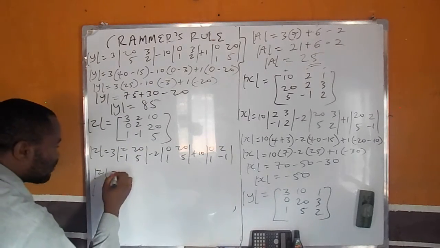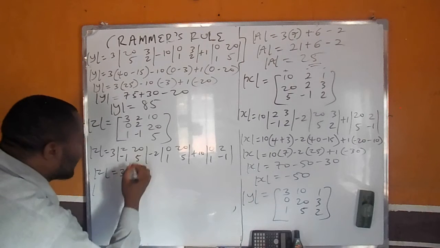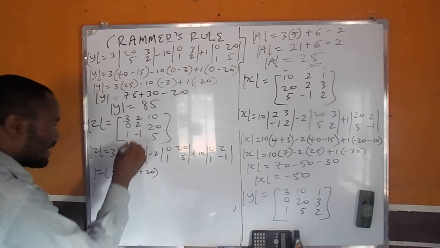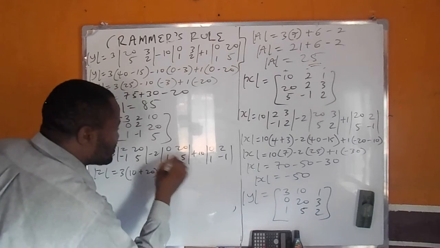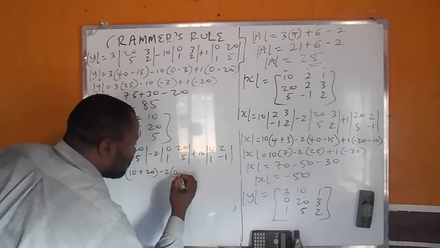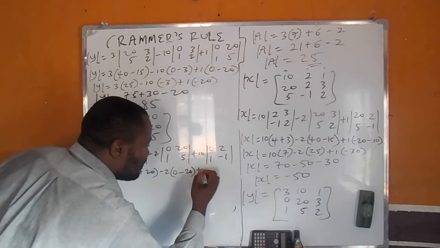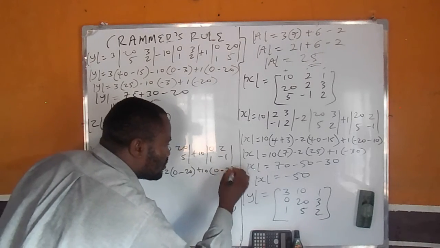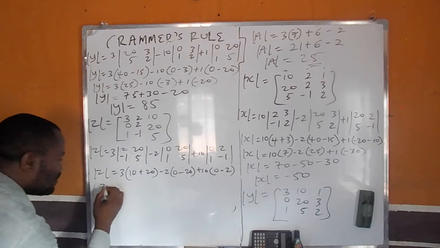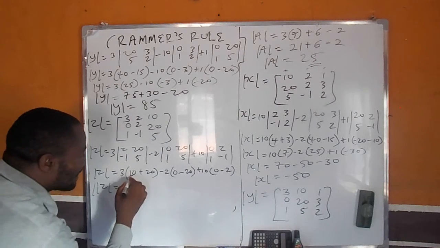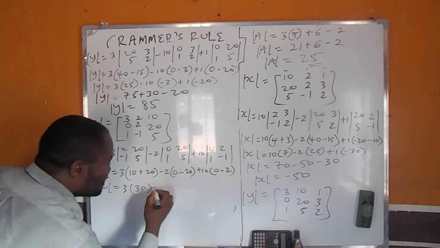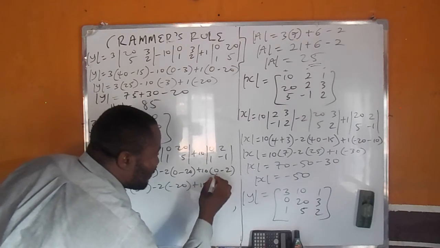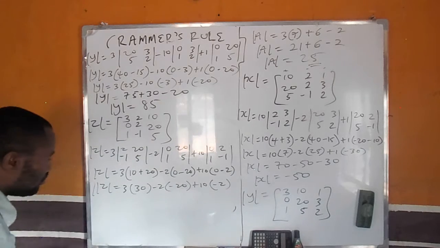So the determinant of z equals 3 in bracket 2 times 5, 10, minus times minus plus 20, 1 times 20, 20, minus 2, 0 times 5, 0, minus 1 times 20, 20 plus 10 bracket 1 times minus 0, 0, minus 2, because 1 times 2 is 2. Z equals 3 in bracket 10 plus 20, 30 minus 2, this minus is minus 20 plus 10 bracket, this minus is minus 2.